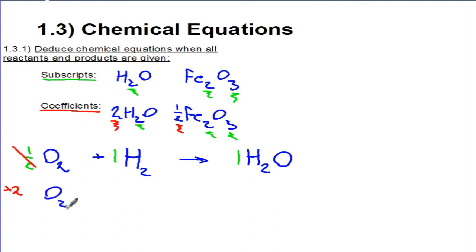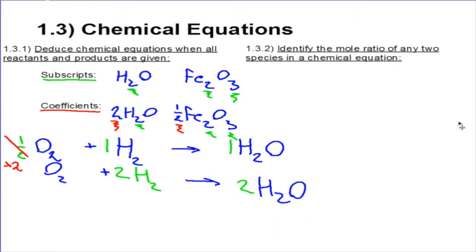If you take half an oxygen molecule, you get 1 oxygen atom. And since we don't like fractions in our chemical equations, you have to multiply everything by 2, which is why you get 1 oxygen gas molecule and 2 hydrogen molecules will result in 2 water molecules if this reaction is let to run forward.